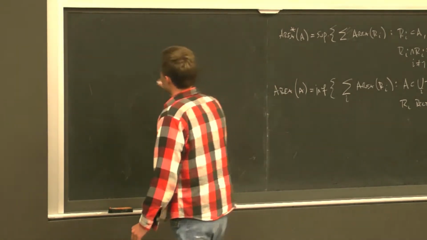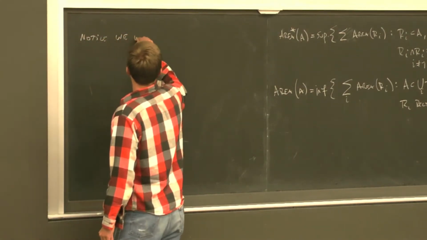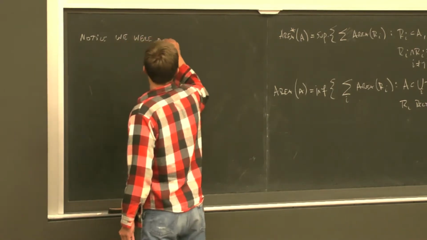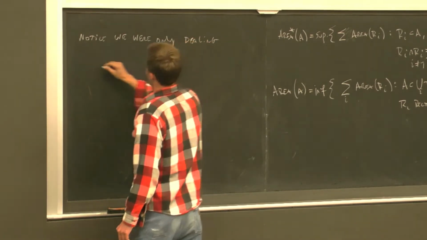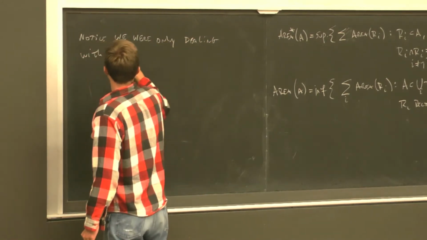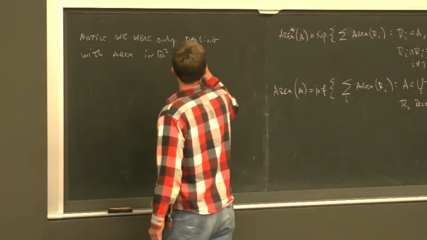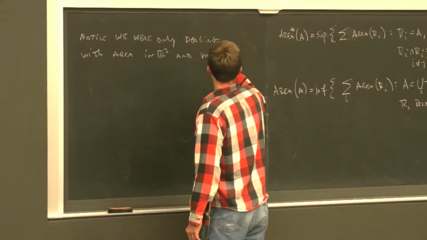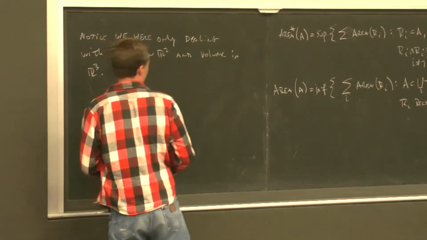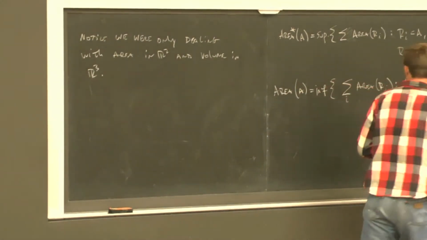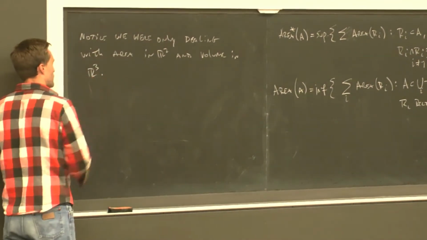So notice we were only dealing with area in R2 and volume in R3, right? Area is what you think of for a two-dimensional thing, measured in R2, and the volume of something existed in R3.